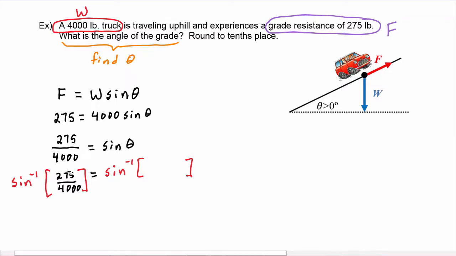There's no need to reduce this fraction because we're going to be plugging it right into the calculator to do a calculation. The right-hand side, we know we're taking the sine inverse of the sine of theta. We know that's going to simplify on the right-hand side to become theta. And now we need to grab our calculators and punch in the left-hand side and see what our result is going to be.